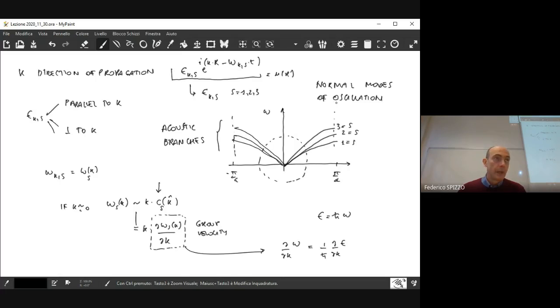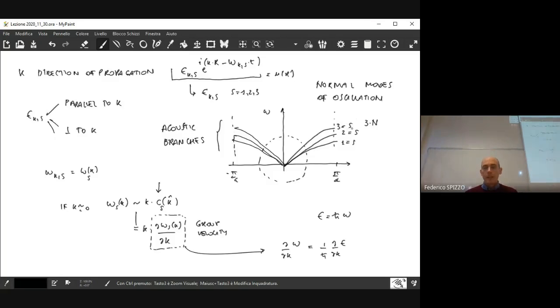How many of them are found? We know that within the first Brillouin zone, we have a number of wave vectors equal to N, where N is the number of ions. So the total number of normal modes of oscillation is equal to N, because N is the number of k values within the first Brillouin zone, times 3, because we have 3 branches.